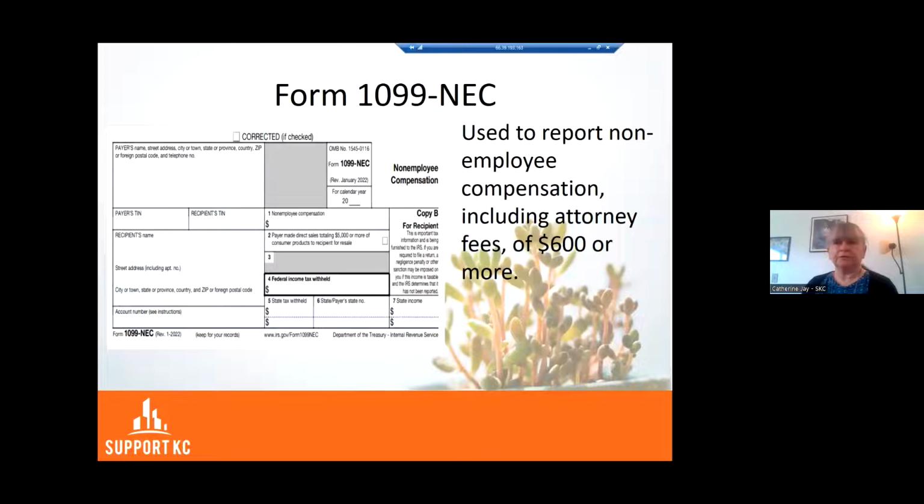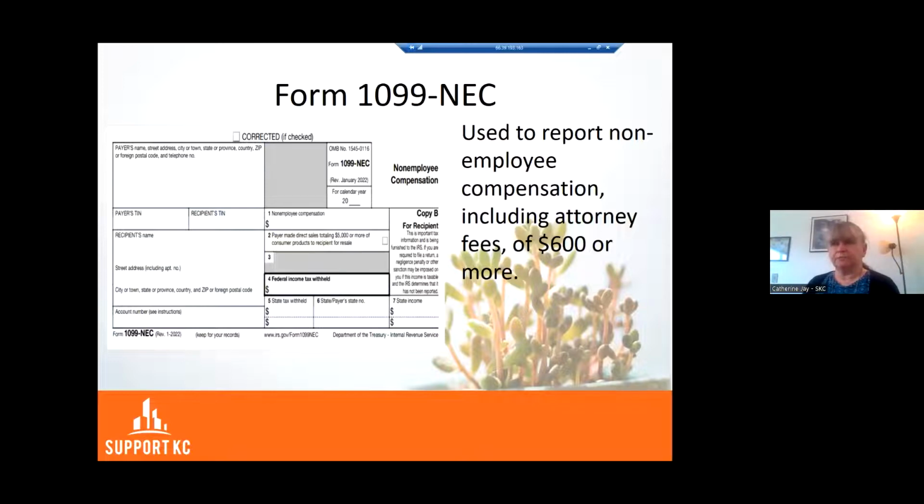And you're going to include your organization name and tax ID number, as well as the vendor's name, address, and tax ID number. If anyone is doing backup withholding or any sort of income tax withholding on these payments, you also need to include that on the NEC. But it is a straightforward form.